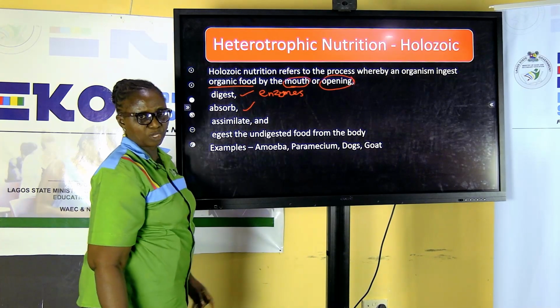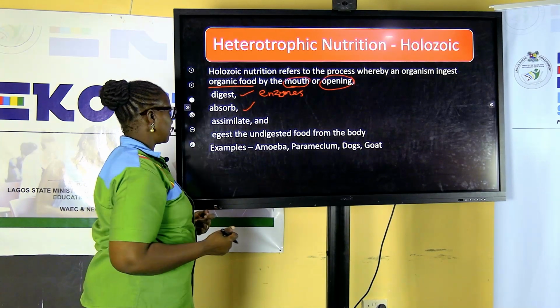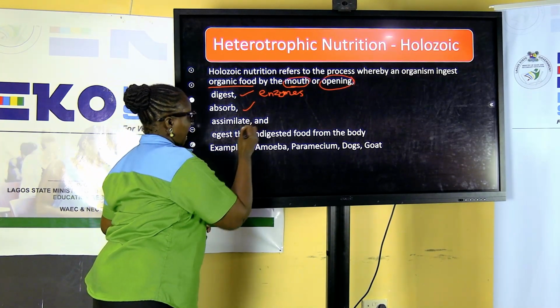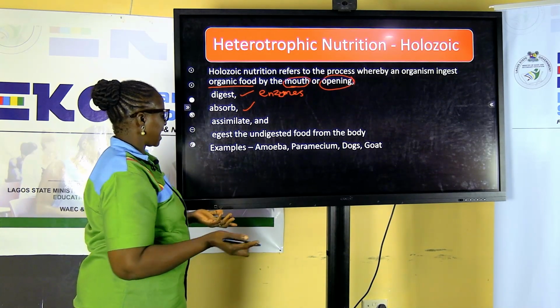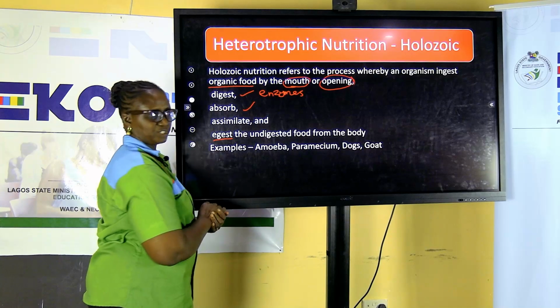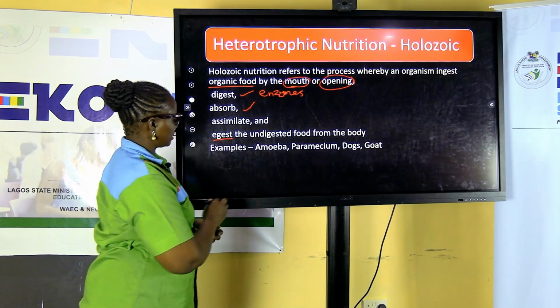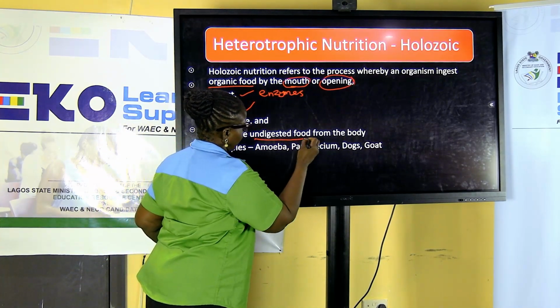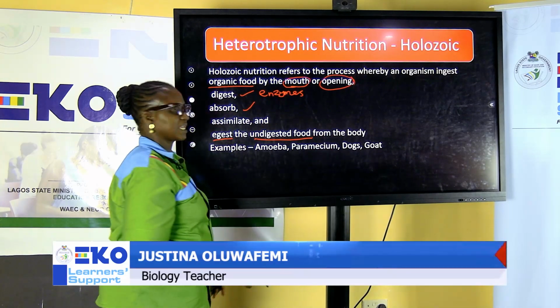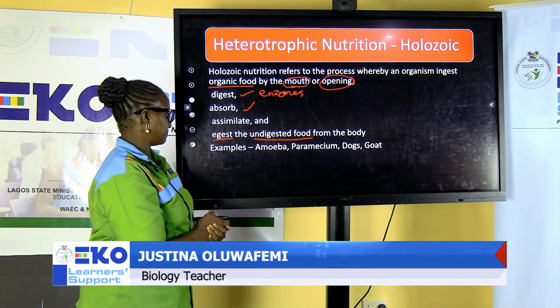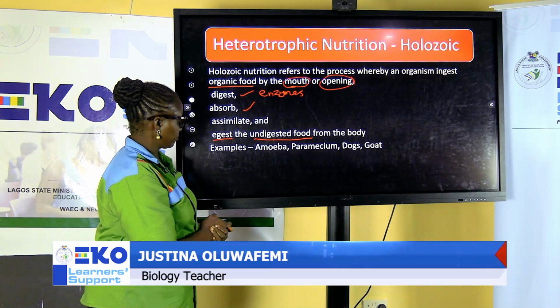The digested food substances will need to be absorbed into the system. It will be assimilated to the cells where they are going to be functioning. By the end of the day, we have egestion. And what does this one mean? Here it is. Undigested food substances will be taken out of the body. Will be removed from the body.